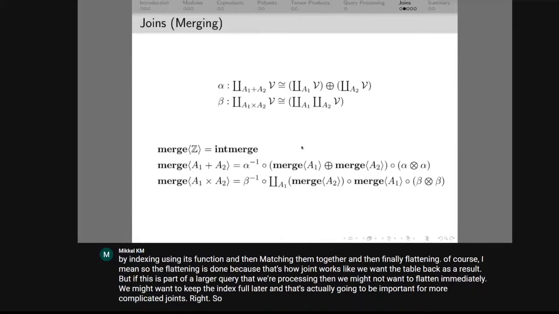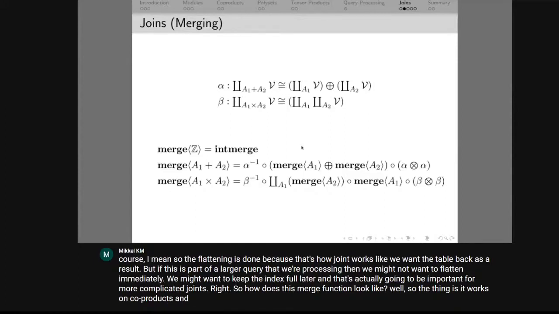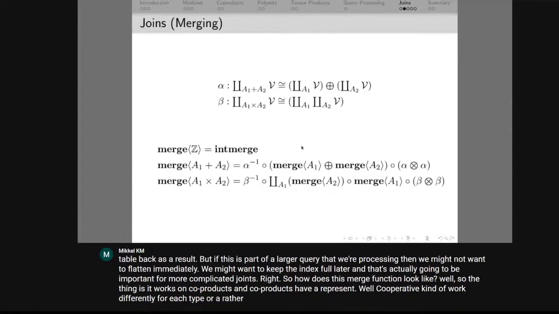So how does this merge function look? Well, it works on coproducts, and coproducts work differently for each type. Or rather, we can analyze the index type of the coproduct to determine what it looks like.